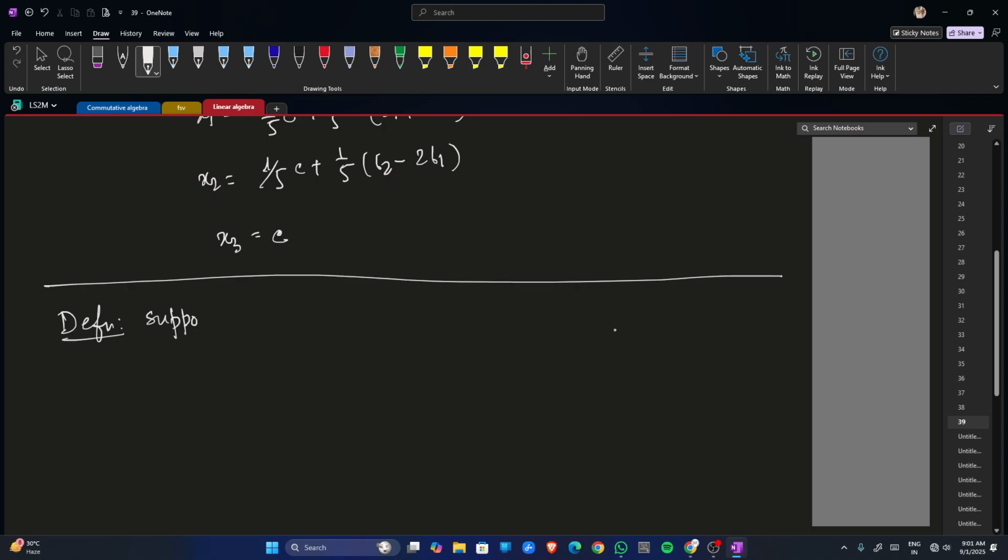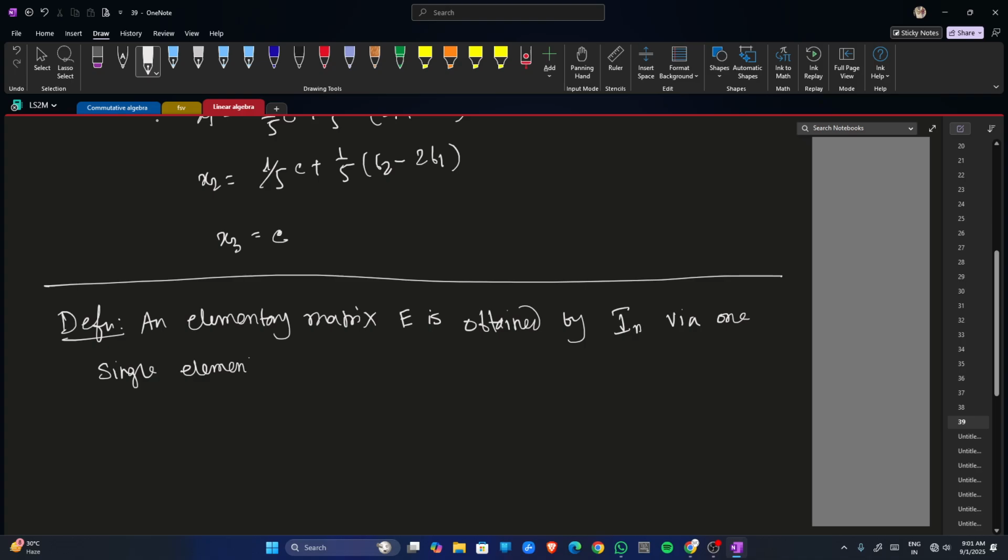Suppose an elementary matrix E is obtained by I_N via one single elementary operation.